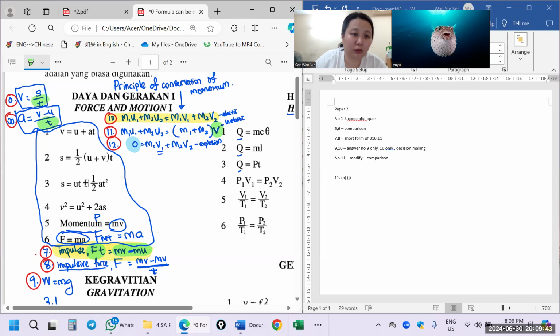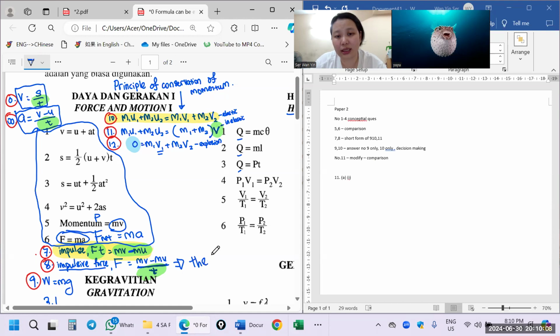You can see over T, over T. Over T means in a period of time, okay? So something on top in a period of time. But I encourage you to remember like this: over T means the change within 1 second.